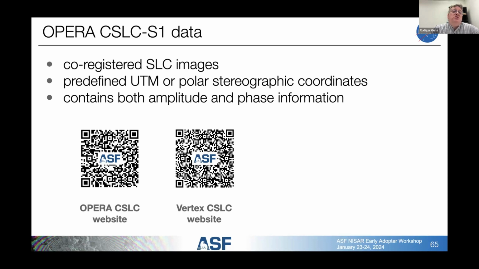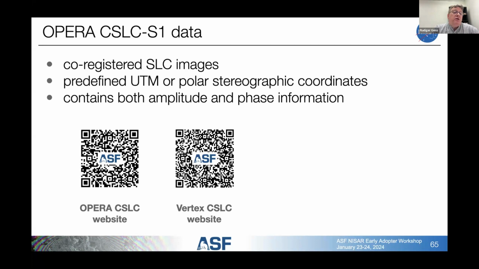Those are the co-registered SLC images, so everything is in a complex format. However, the data depends on where you are. If you are in more Arctic areas, you will have polar geographic coordinates. For anything else, in the regular moderate latitude regions, you will have images provided in UTM coordinates.